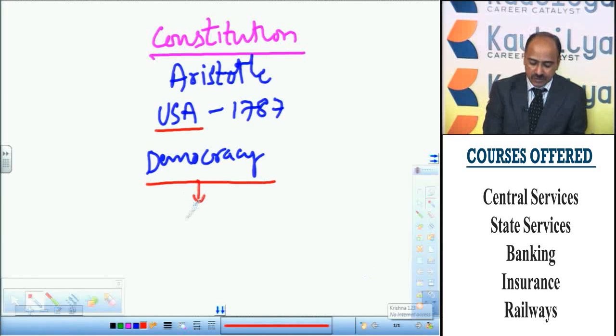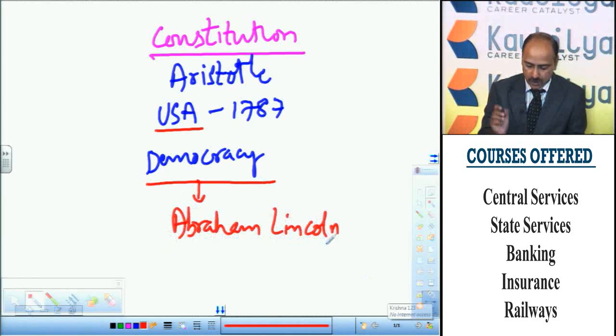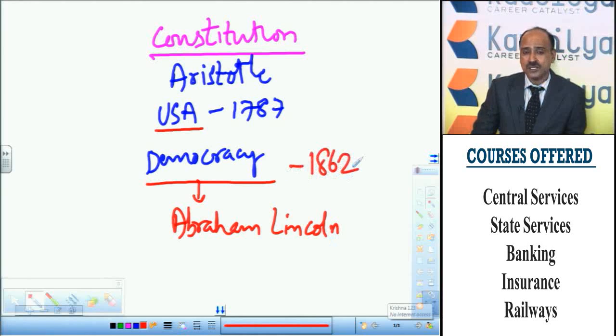This definition was given by Abraham Lincoln, the sixteenth President of America, a very famous personality. He gave the definition in 1862. Before that, democracy was there, but they did not have any definition.